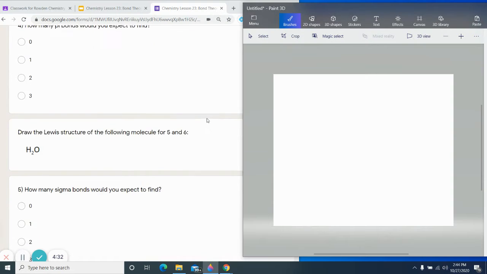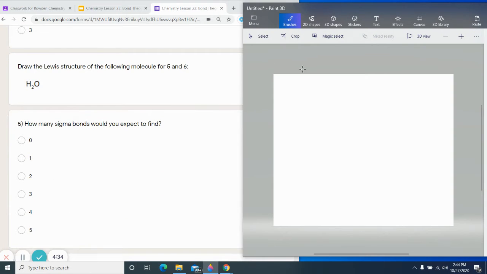All right, let's do H2O. We have O, and it's going to have 1, 2, 3, 4, 5, 6. Then let's do H with 1, and then H with 1. Now let's go ahead and connect right here, and that's it.